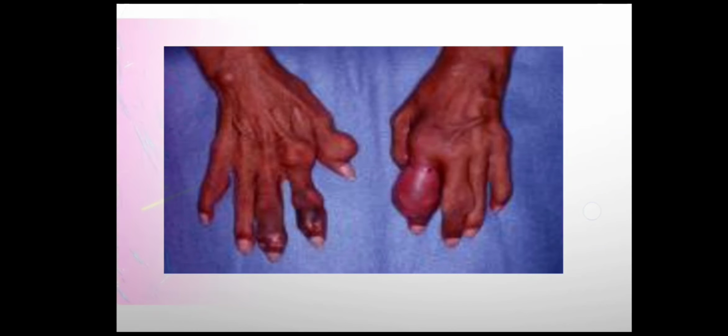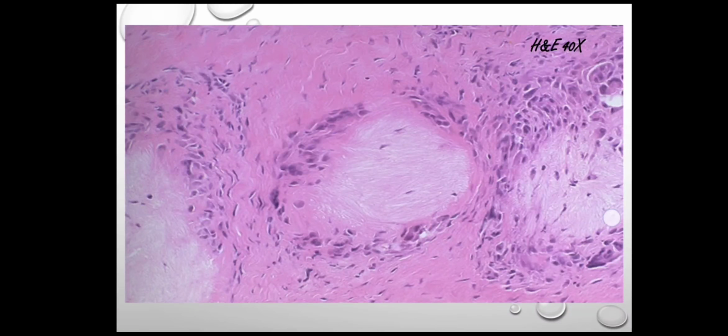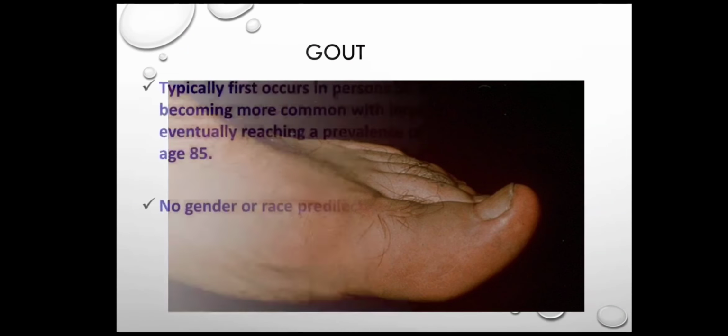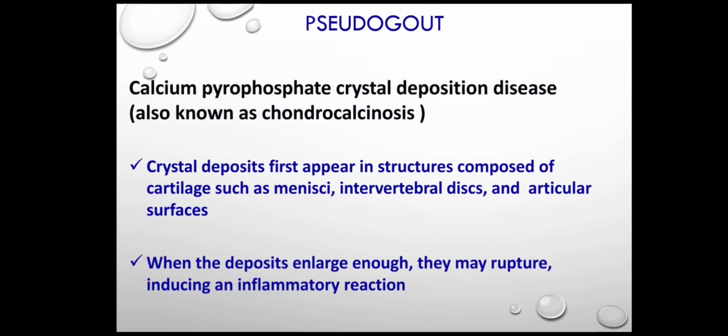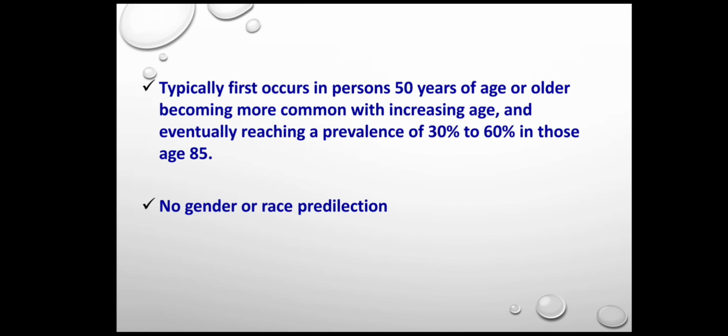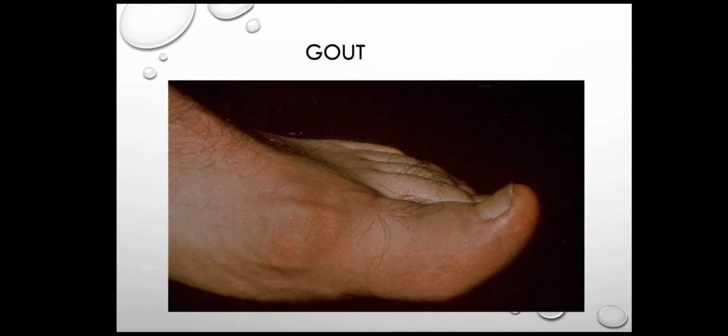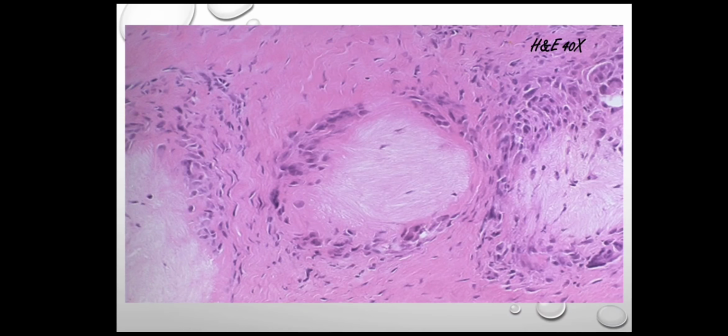Coming to the infectious arthritis. Also, I would like to say that the difference between gout and pseudo-gout is three differences you should remember. First is the crystal. Crystal is calcium pyrophosphate in pseudo-gout and monosodium urate in gout. Then second point is the microscopical picture.